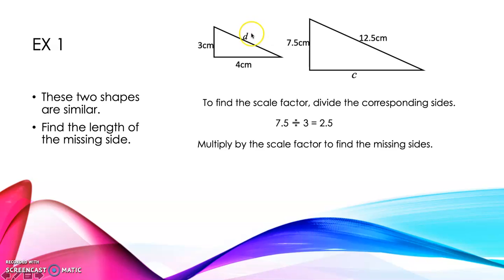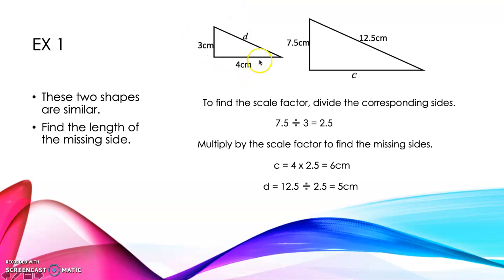12.5 times the scale factor of 2.5 will give me D, and 4 times the scale factor will give me C. 4 times 2.5 is 6, and actually for the other one, we're going from a smaller triangle to a larger triangle, so we have to divide by the scale factor.